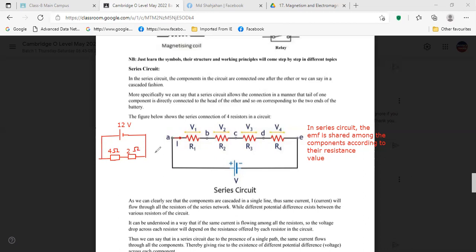For ohms. Yes, sir. So here the first one, which is 4 ohms, will share 8 volt. We write here 8, and this one will share 4 volt. Have you got it?